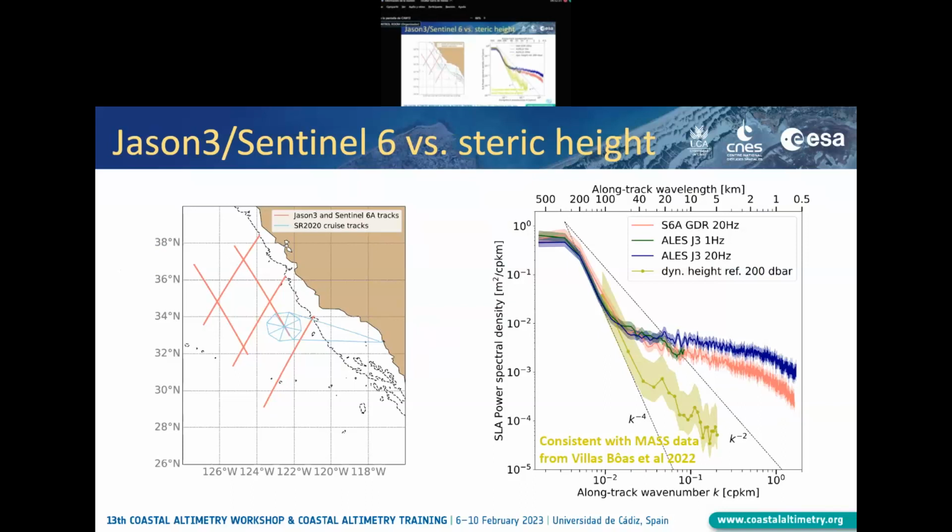There are the two altimeters, some using the AOS, in the case of the Jason. And this line here is basically our in situ observations of the steric height. And the key thing to know is that as soon as you leave the sort of 100 kilometer scales, the observations are indicating that the height power is plummeting, going well below the noise floor by about 60 kilometer scale.